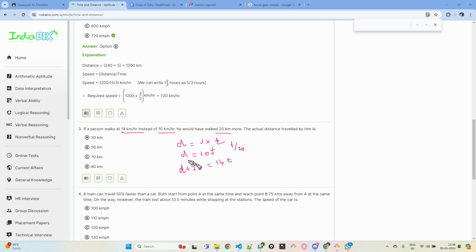So both the times are equal. It travels at higher speed and covers extra distance, but both times will be the same. So d by 10 is equal to d plus 20 divided by 14.